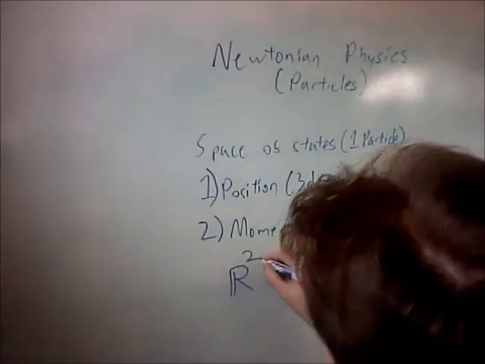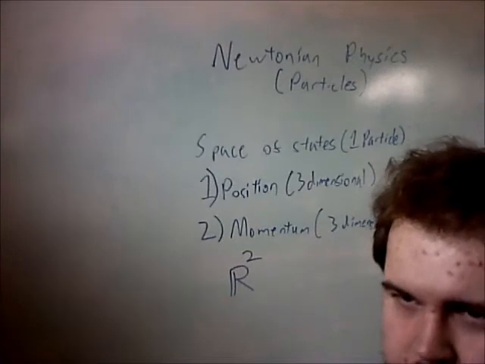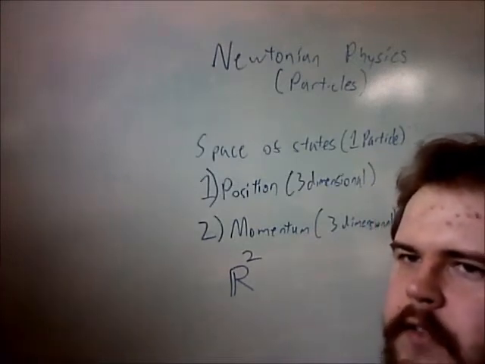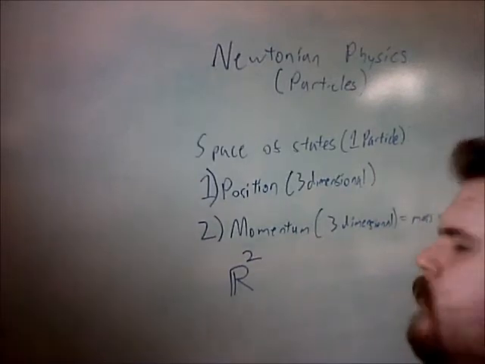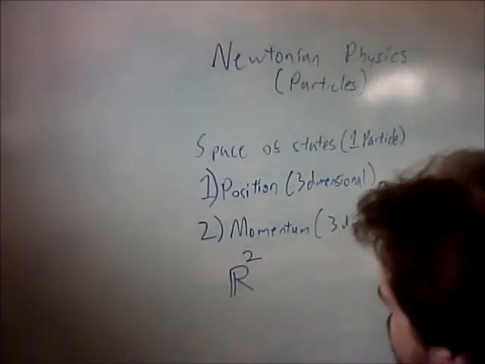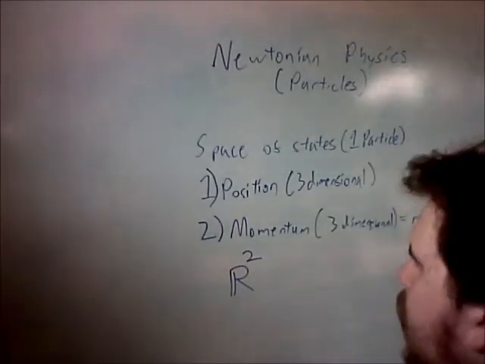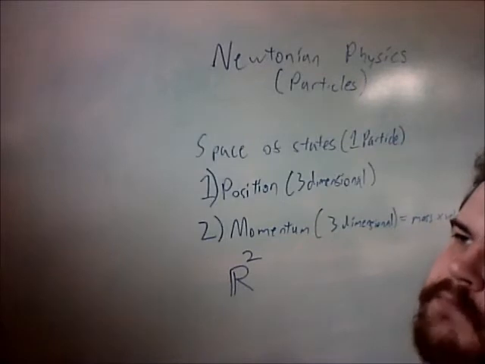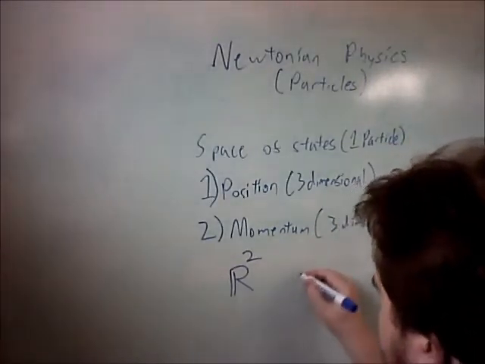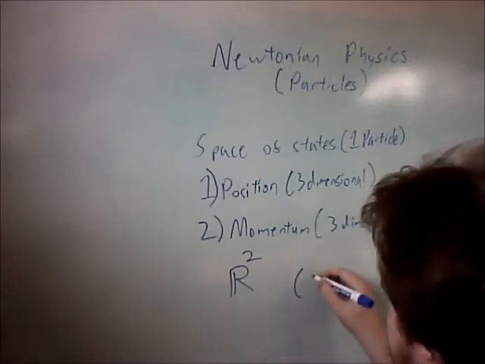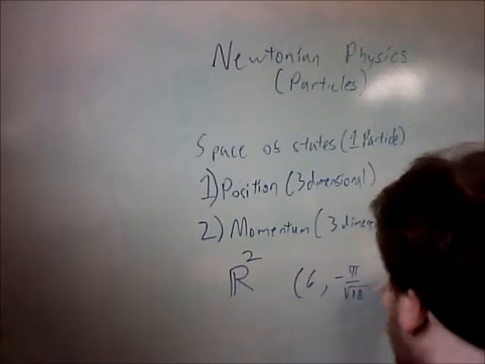We call R squared a two-dimensional space. We call it R squared because there's an object in set theory called the Cartesian product. It's not very important that we go into the specifics on it, but R squared is the two-dimensional space. R squared is just an ordered pair of real numbers. So you would have, say, 6 and minus pi over the square root of 18.